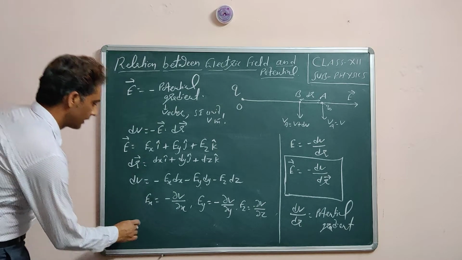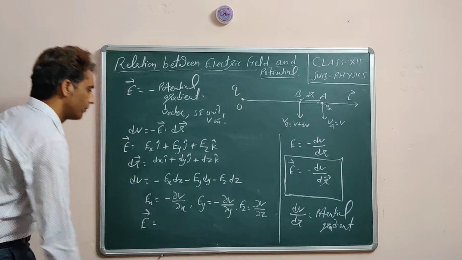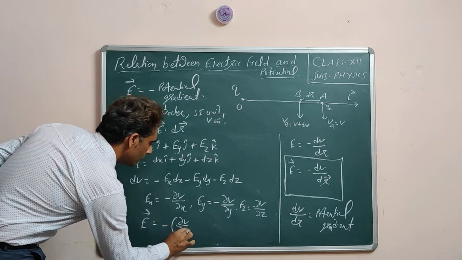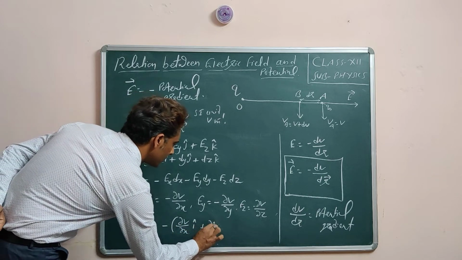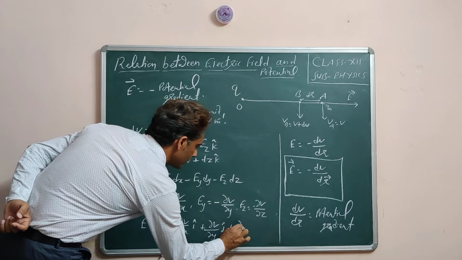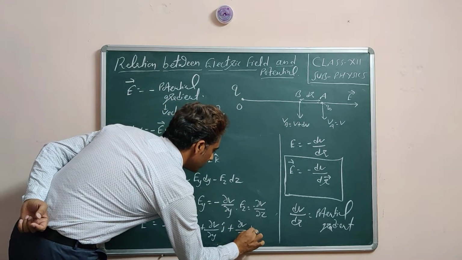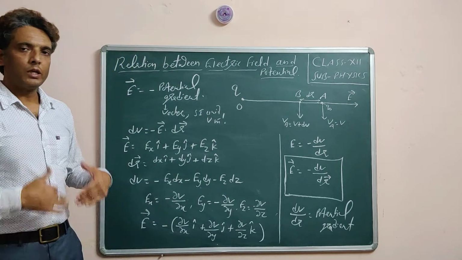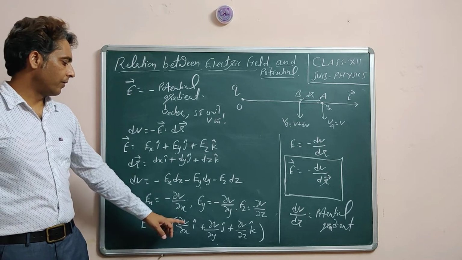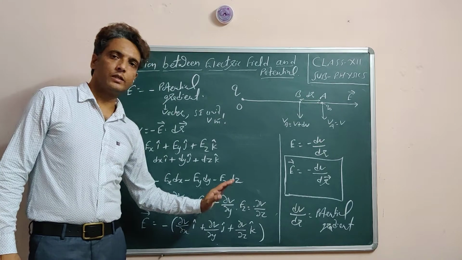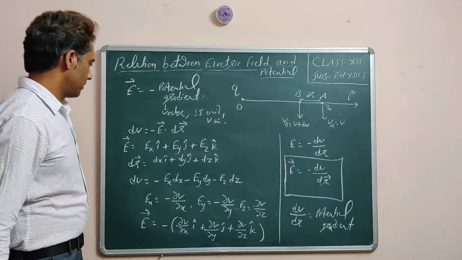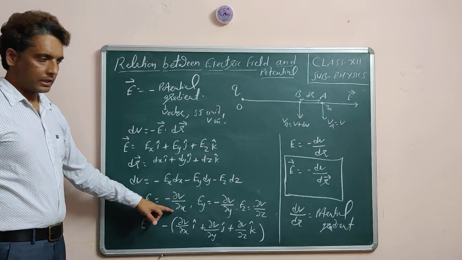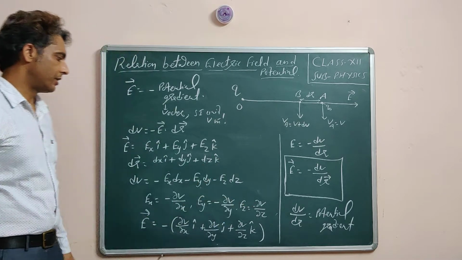So we can write the net electric field, in terms of partial derivatives, as negative of del V by del X i plus del V by del Y j plus del V by del Z k. So this is the electric field in terms of partial derivatives of V with respect to X, Y and Z.